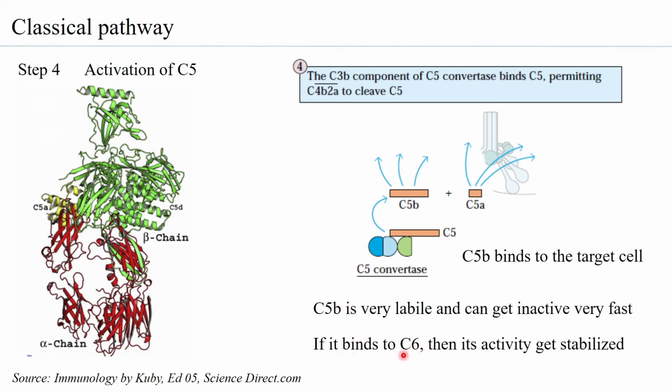So only when the C5b binds to C6, then the activity of C5b gets stabilized. Otherwise, it will just diffuse away and there will no longer be further steps. Or you can understand that since you have several C3bs formed, you'll have another mode of immune response happening, but the classical complement pathway will not function to the end.